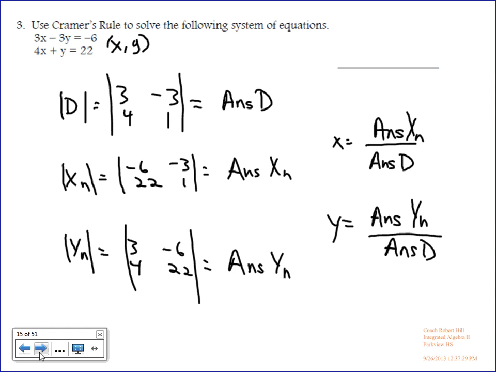Because remember, you cross multiply and subtract. So 3 minus a negative 12, that would be very easy not to get 15 right there. It would be very easy, negative 6 minus a negative 66, not to get 60 right there. Okay, cross multiply, 66 minus a negative 10, or excuse me, minus, see there's a mistake.